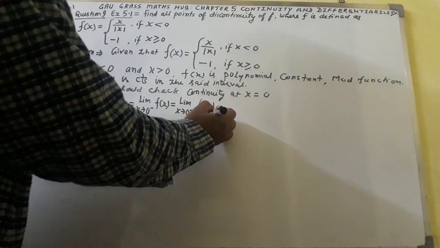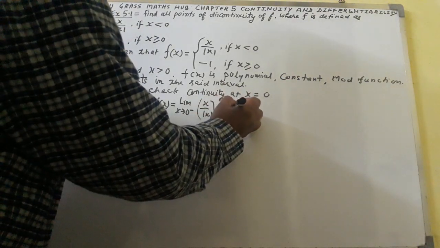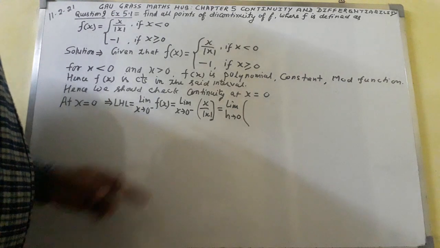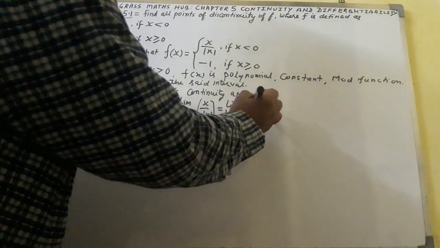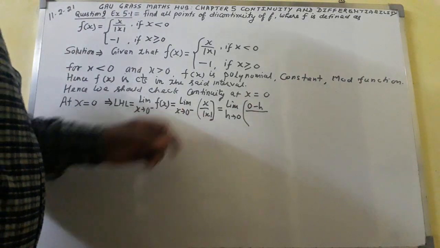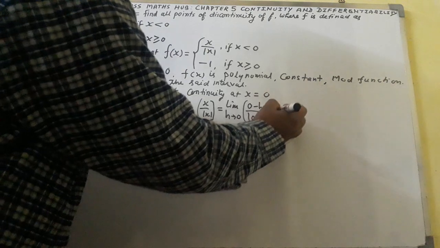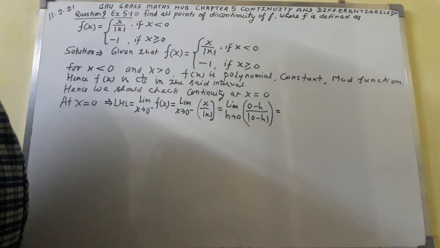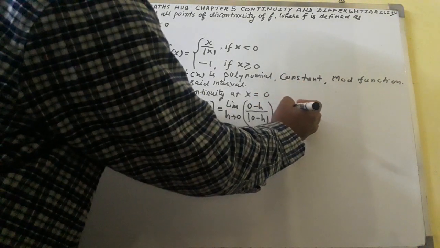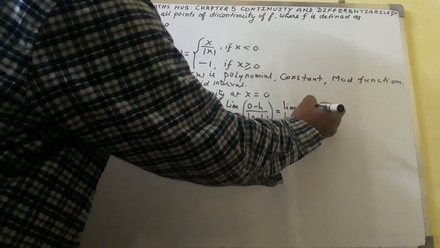Equal to lim h tends 0 of 0 minus h over mod of 0 minus h, equal to lim h tends 0 of minus h over h.